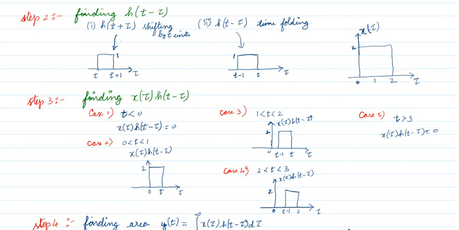This is the product of x of tau and h of t minus tau. In the third case, t between 1 and 2, now substitute the lower limit. If you put 1, 1 minus 1 is 0, right? So this part of the signal will overlap with this. And if you put the upper limit 2, it will be here.